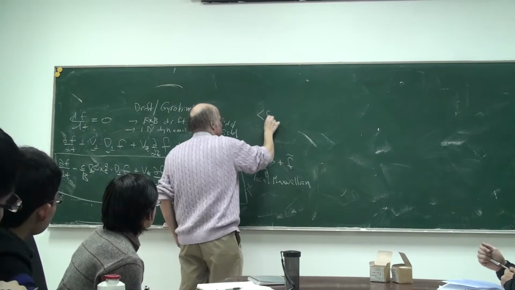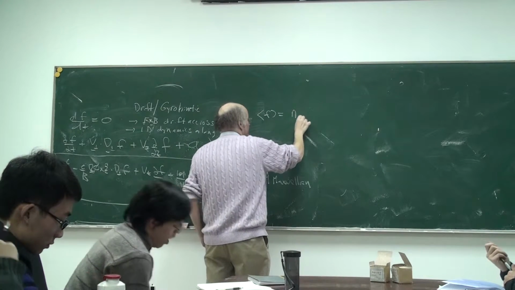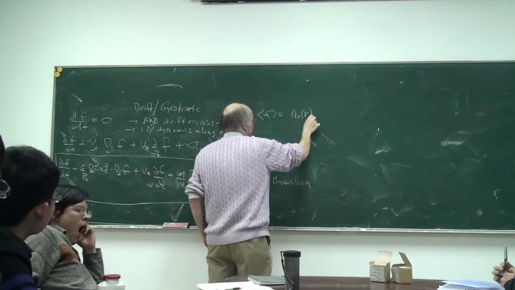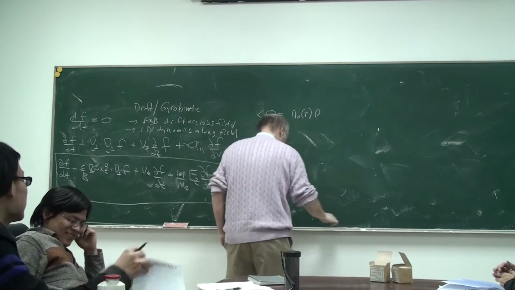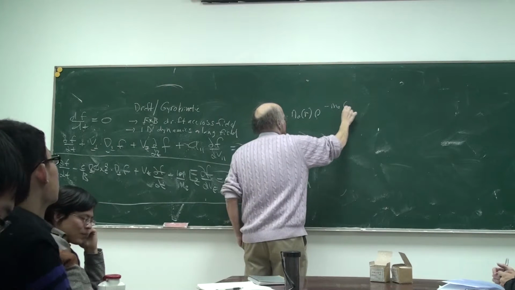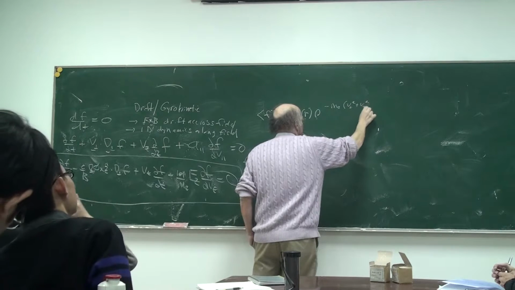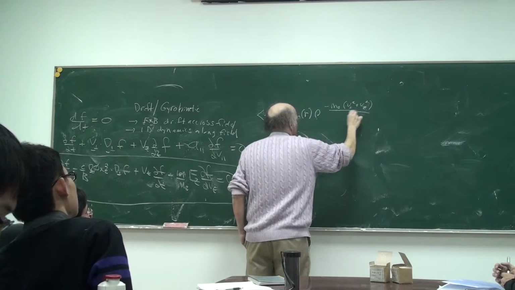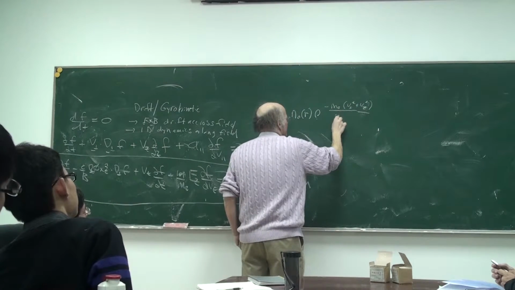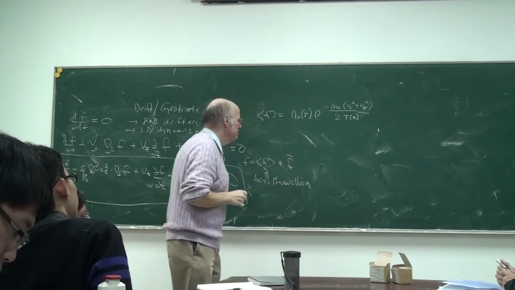So F would be something like n naught of radius times e to the minus mass of the electron times v perp squared plus vz squared over 2, and here the temperature could be a function of position, right?